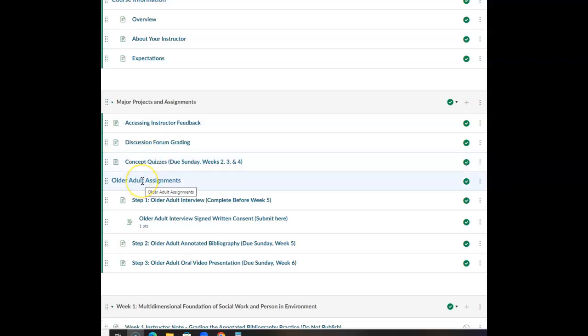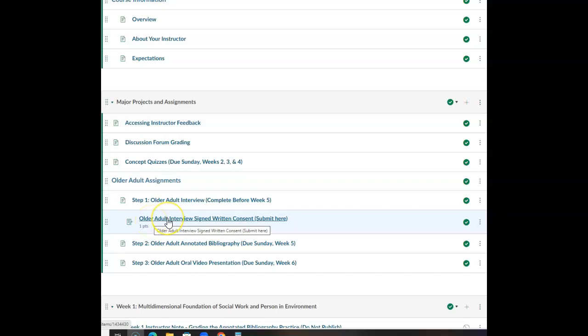And there is an older adult assignment you must complete, and we'll talk about this in a little bit more detail, but there's an interview that you will do in order to be able to complete steps 2 and 3 of this assignment.